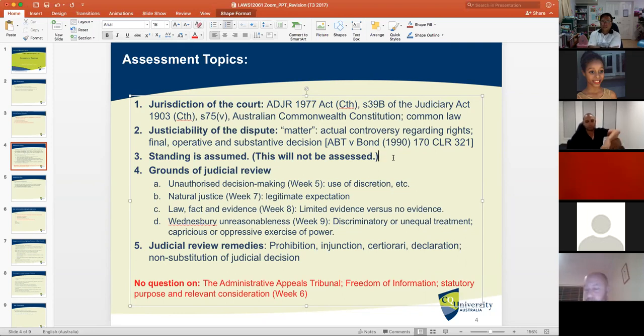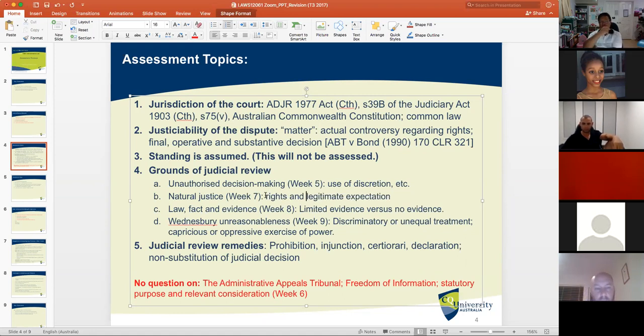The second ground of judicial review you need to examine is natural justice. My focus here will be on legitimate expectations and rights. So just to be clear, the focus will be rights and legitimate expectations.